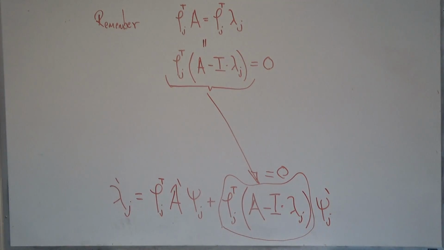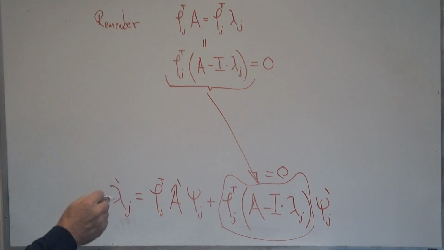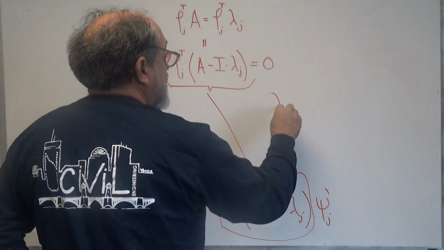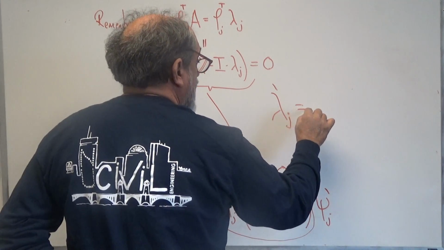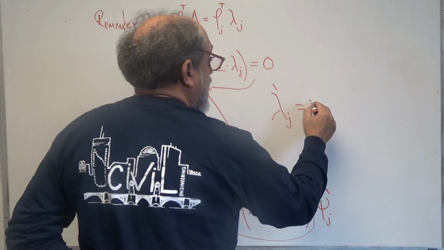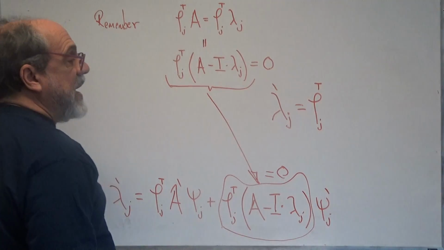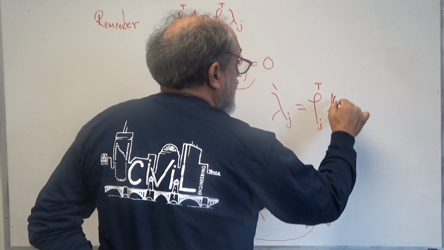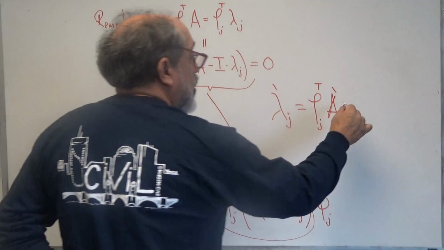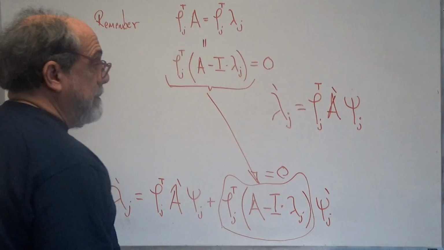And therefore, taking that as 0 times phi j prime is 0, we arrive at our final answer with regards to the derivative of the eigenvalue of a matrix with respect to a parameter, which is the following. You take the left eigenvector transpose, you multiply it times the derivative of the matrix, you multiply it by the right eigenvector, and you're done.